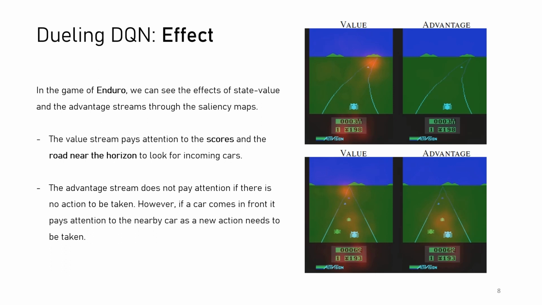In another instance, at the bottom right, the value function again pays attention to the scores and the horizon, but this time it also looks into the oncoming car as it might affect the overall value. The advantage function, on the other hand, pays attention to the oncoming car as a new action must be taken to avoid collision.